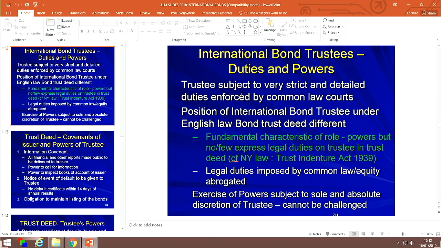But remember, the reason I mention it only in passing is that international bond trust deeds are not subject to the Trust Indenture Act 1939 because of an applicable exemption, which I'll come to shortly.